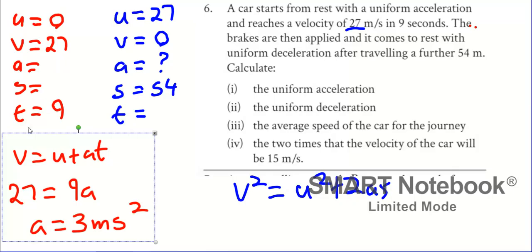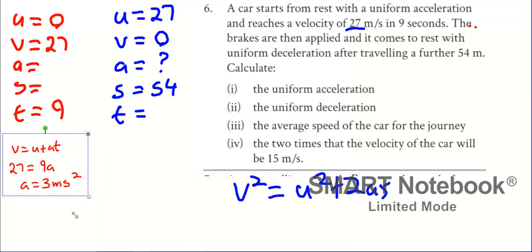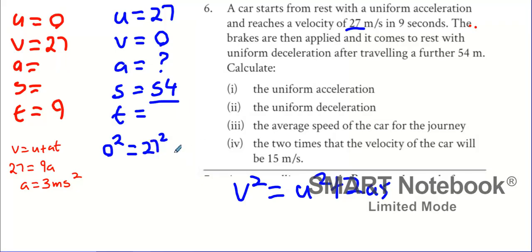Okay. So what we're going to do is 0 squared equals 27 squared plus 2AS, which is 108A.